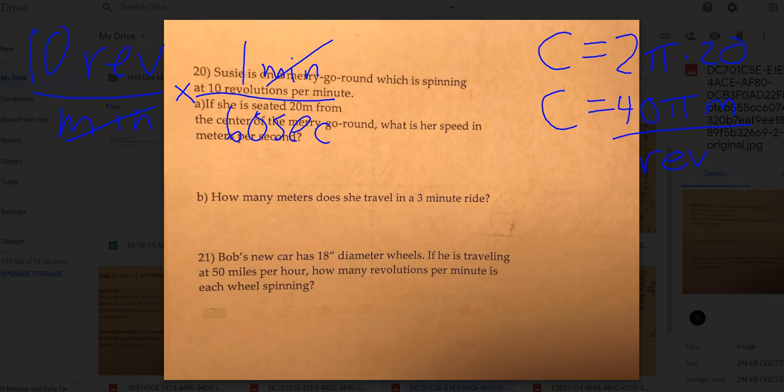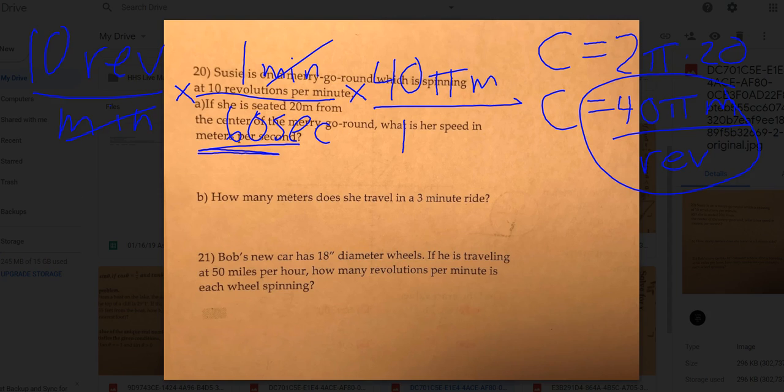I need seconds on the bottom because I want to get this into meters per second. So now I'm going to use this thing over here, and since I want meters on the top, I want 40 pi meters over 1 revolution. So now the revolution units cancel. Now I have meters on the top and seconds on the bottom.